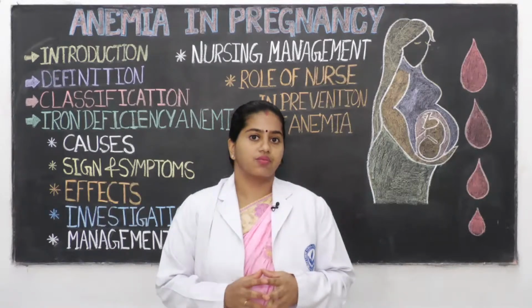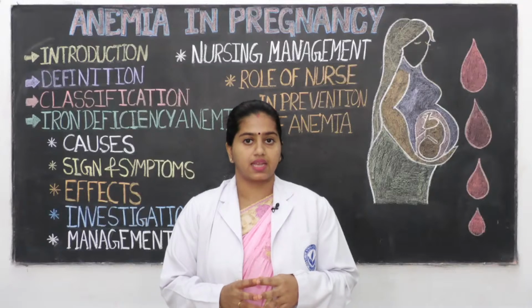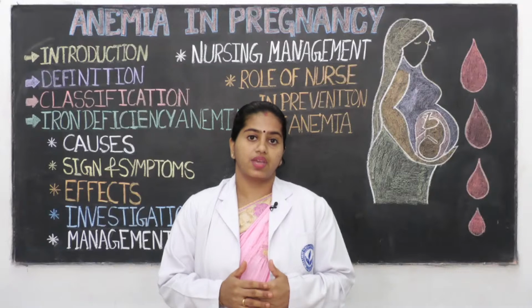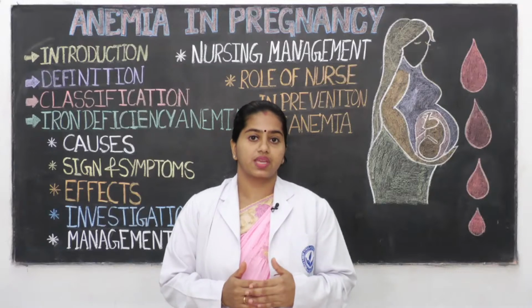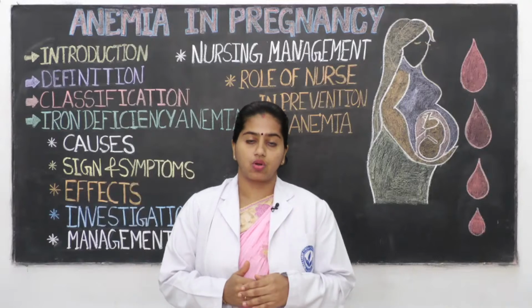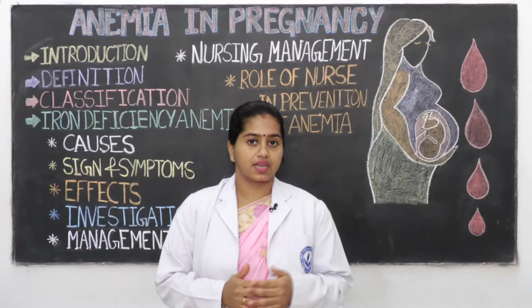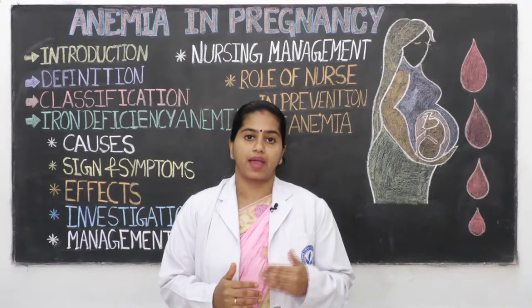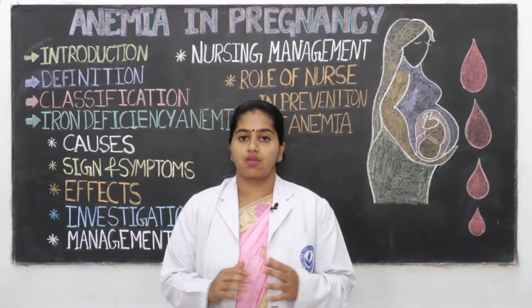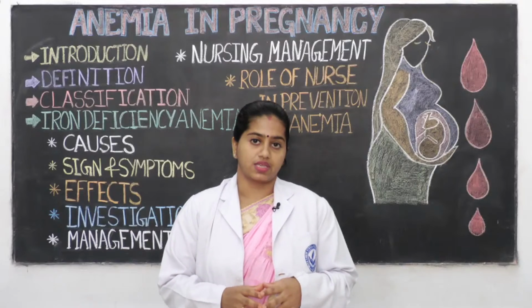Nowadays we have good antenatal screening and checkups, where we check the woman's hemoglobin status and pre-pregnant hemoglobin status. With screening, we can give prompt management throughout the trimesters and manage the complications.